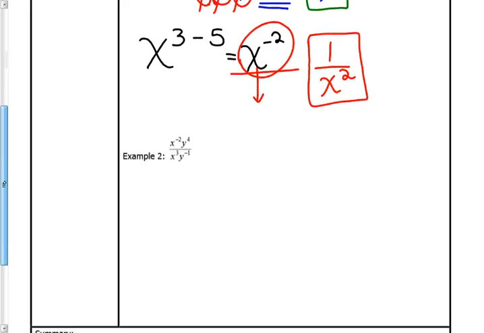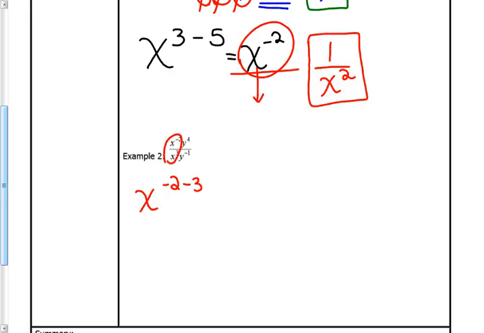Okay, example 2. Following along with this, we can say we'll take our bases and subtract our exponents, right? If I had a coefficient here, like a number in front of the x here, then I would divide those, but I don't have any. So here we have x to the negative 2 minus 3, right? Because I want to take these first together.